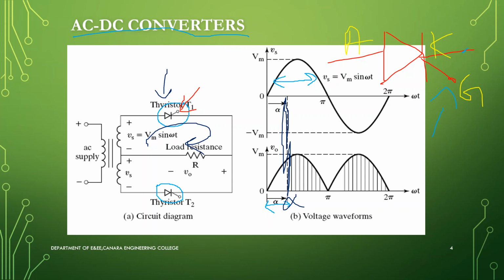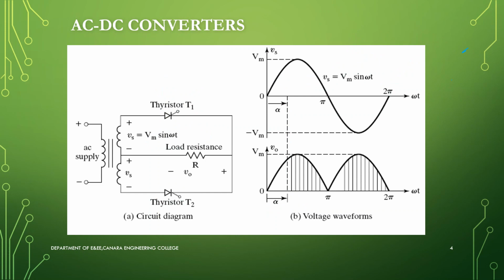So if we want to draw it very clearly, very precisely, we can draw the output voltage as, okay, this is our axis. I'll draw the output voltage.